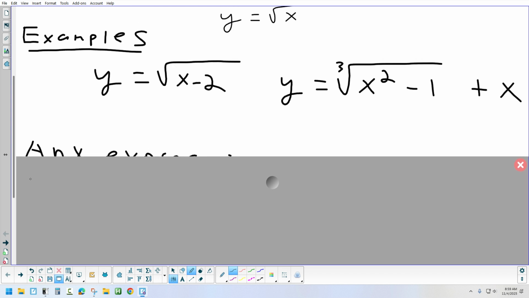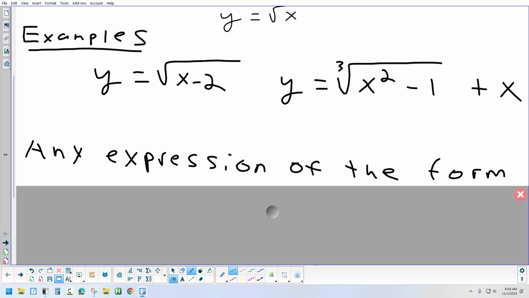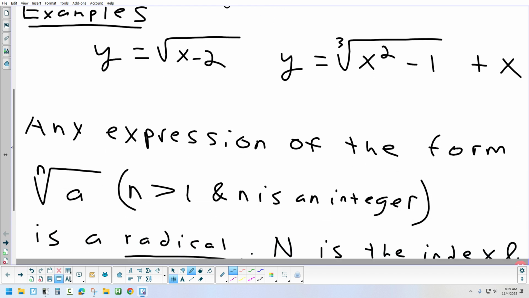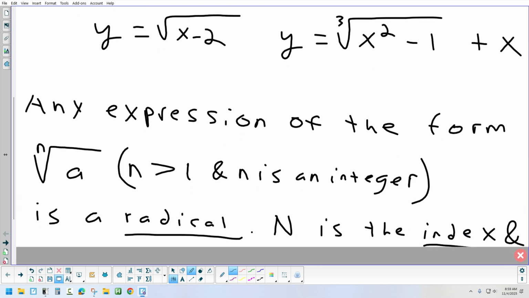All right, so what I want to do first is go through some vocabulary so that when I talk about certain parts of these expressions, I can use the proper word and you know what I'm talking about. The first thing is this number that you put on the outside of the root right here, that is called an index.